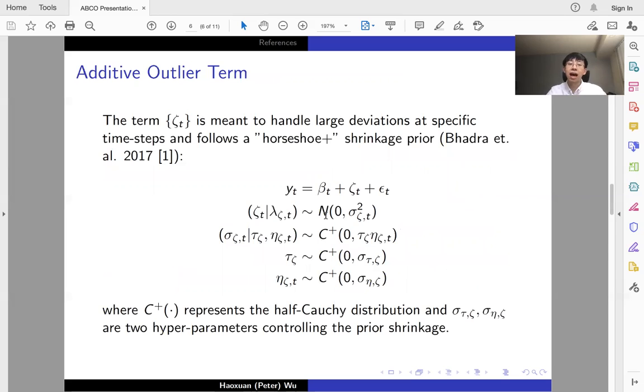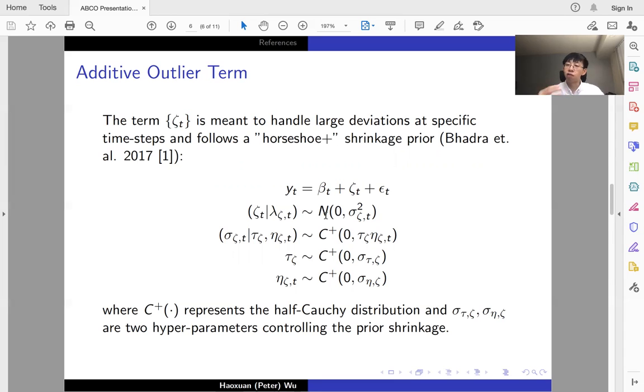The next term is the additive outlier term. The goal of this term is to handle large deviations at specific time steps. Here we use something called a horseshoe plus shrinkage prior. The idea is that we would like this term to be close to 0 for most time steps, as outliers should be sparse in nature.